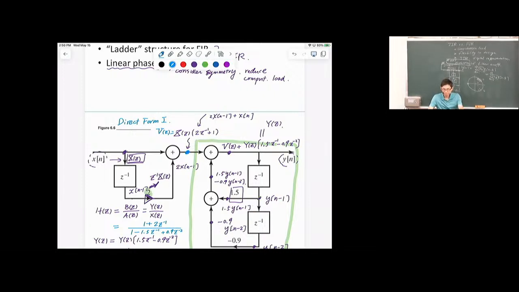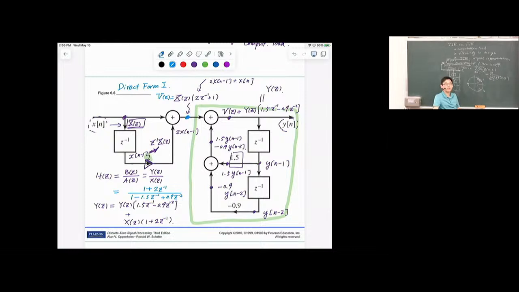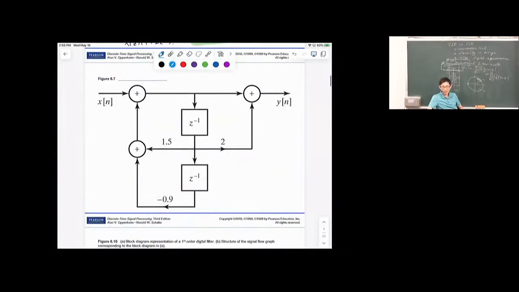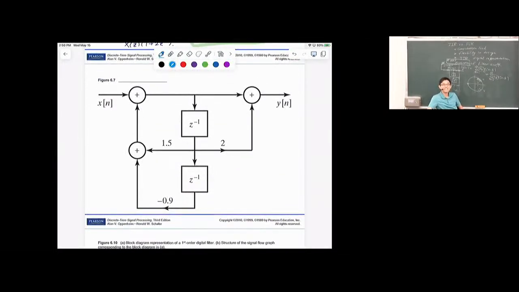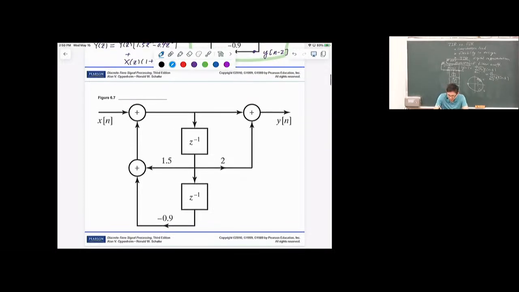If there's the first kind, there's the second kind. So this is only the first kind. On the next slide we show the second kind of implementation. Let's take a first look. The second kind looks smaller, and I claim that this is called direct form number 2.